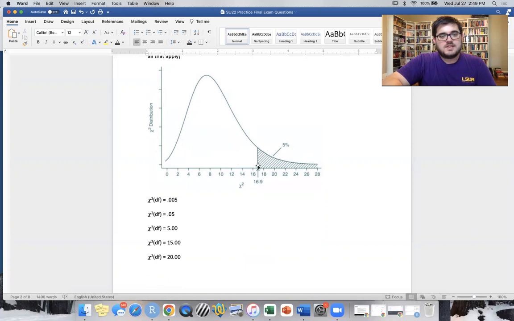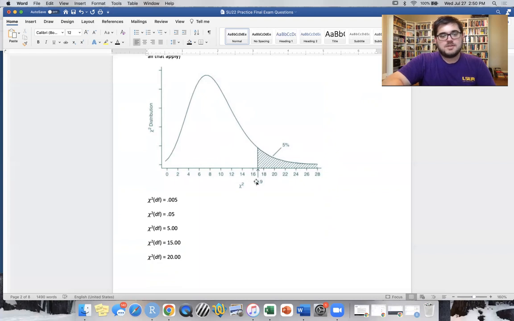I've told you that when your test statistic gets to chi-square equals 16.9, that's where you're cutting off the top 5% of the area under this curve, which if you've read the first couple of chapters should ring a bell. That means that if you were to make random draws from this distribution, the area under the curve after a certain cutoff represents the probability of drawing anything at that point in the curve.